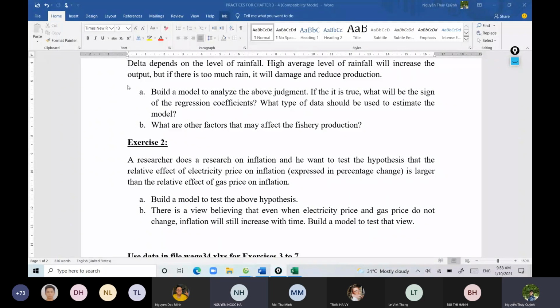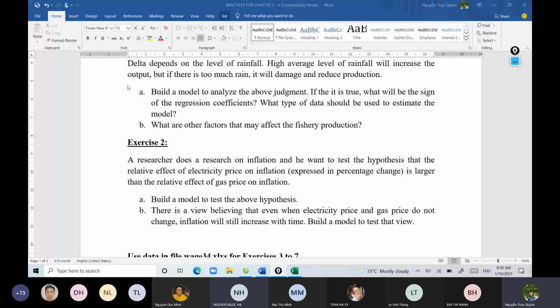That would be electricity price and gas price. Yeah, electricity price and gas price. But what will be the form of the variables? Is this a linear form or will it be in the logarithm form? It will be in the logarithm form.